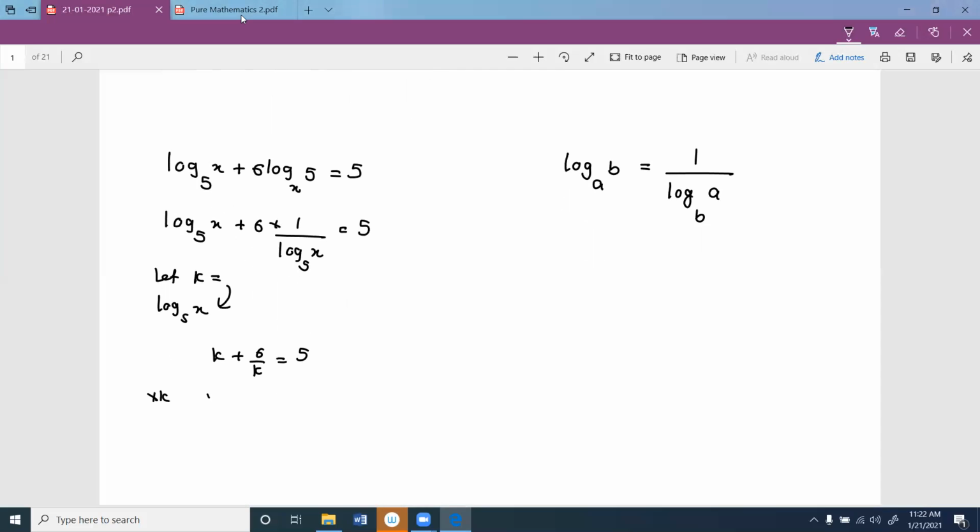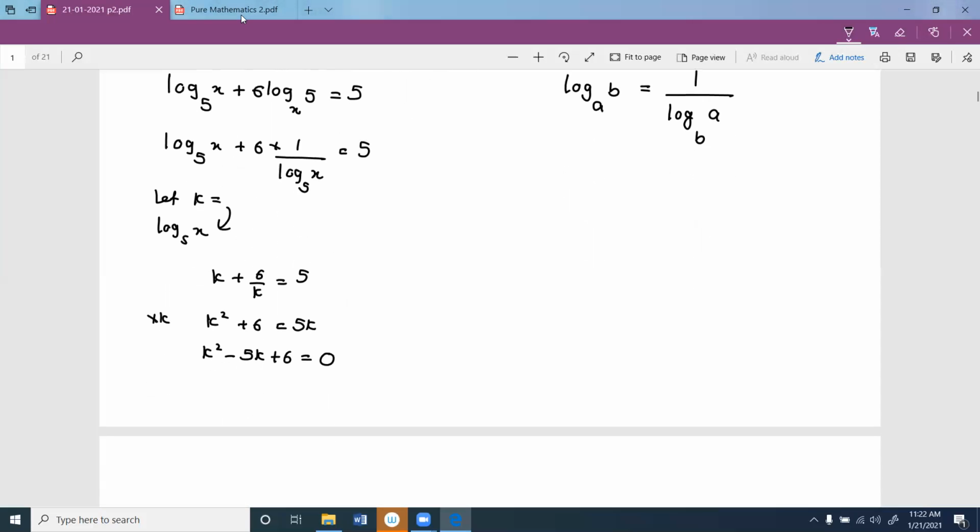What do you get? k squared plus 6 equals 5k. Therefore, k squared minus 5k plus 6 equals 0. Then you can solve this quadratic equation: k minus 2 and k minus 3 equals 0. With that, k equals 2 and k equals 3.